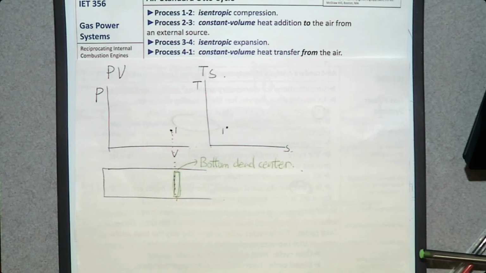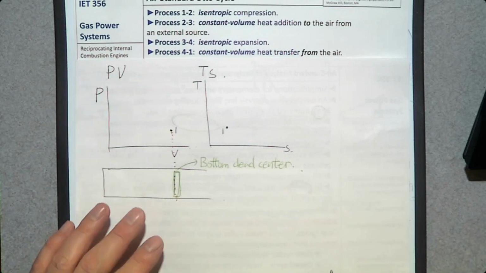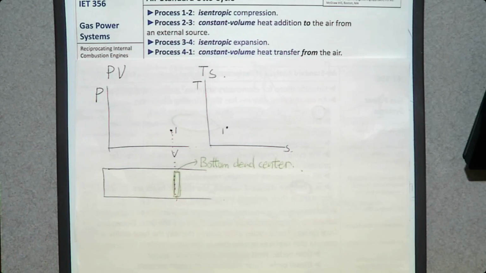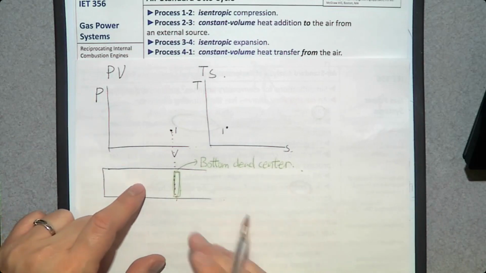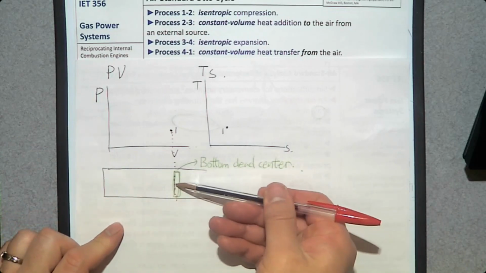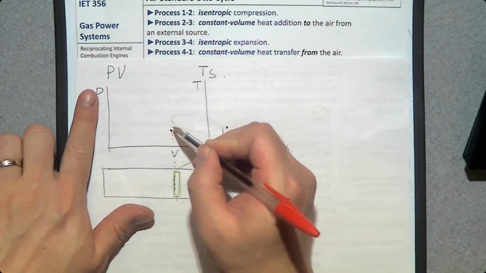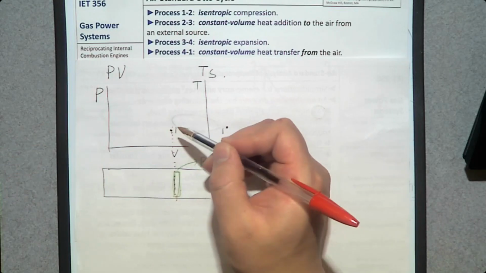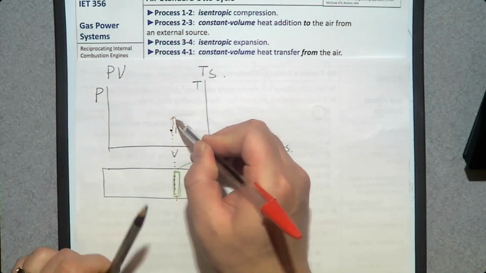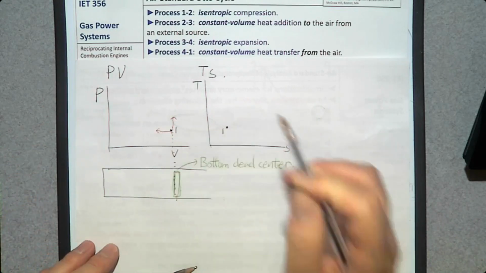Okay. So the first process is isentropic compression. So we are going to compress the system. So what's going to happen when you compress this working gas, which is air, by pushing this piston to the left-hand side? The pressure goes up. The pressure is this vertical axis. This pressure goes up and the volume goes down, right?